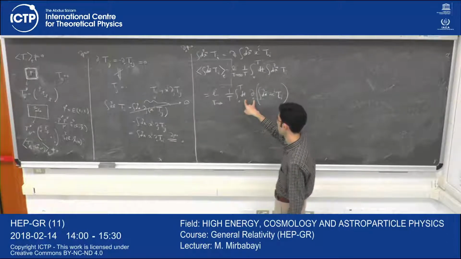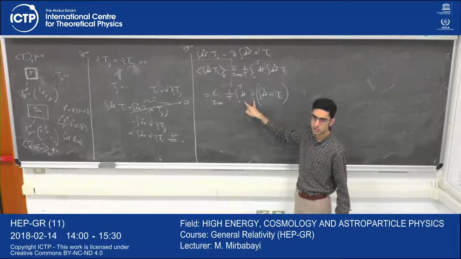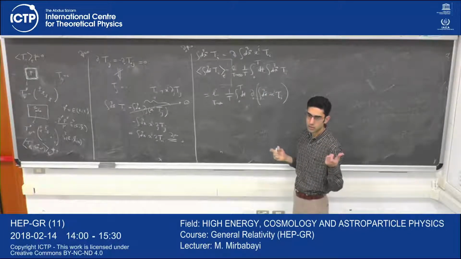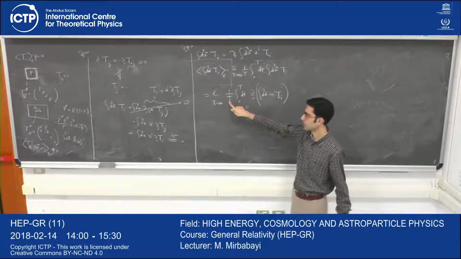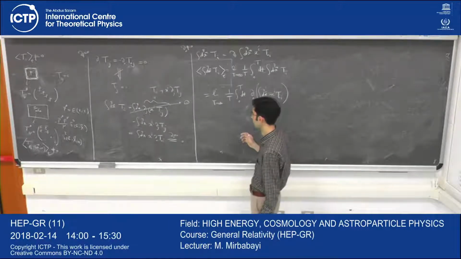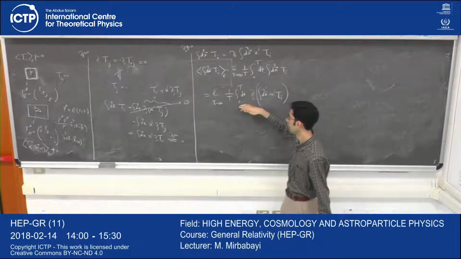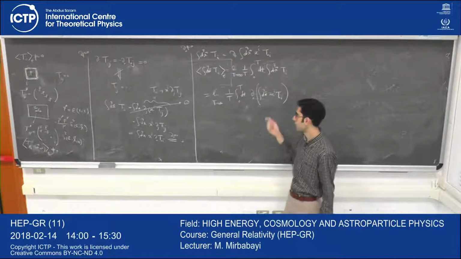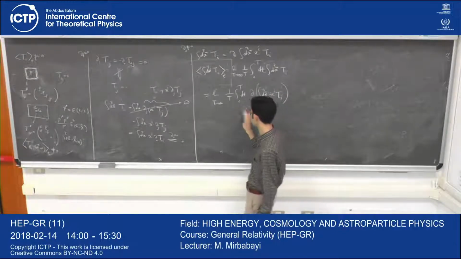But again, this term is a total derivative, so it reduces to the boundary term. So these are two finite terms, while t is going to infinity. So the time average goes to 0. Or if it's periodic, and I integrate over one period, the two terms that I get cancel.